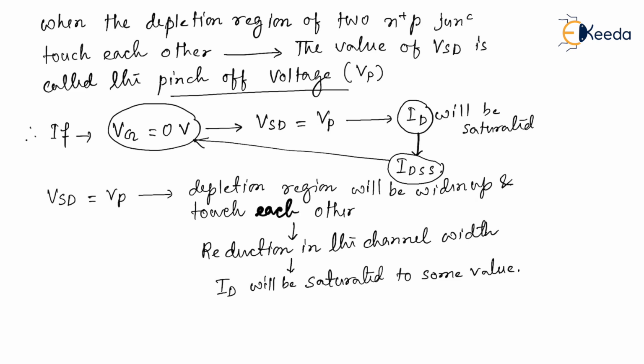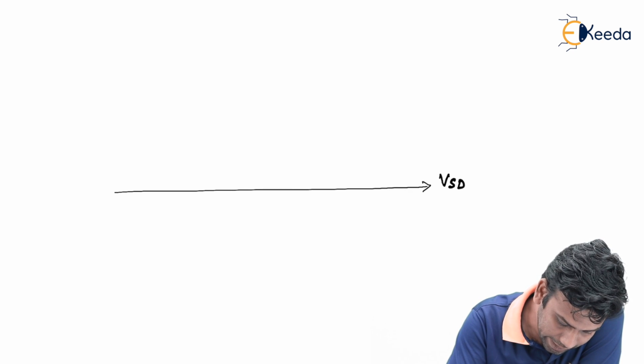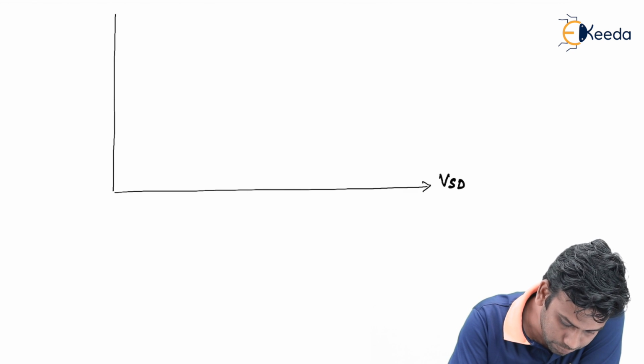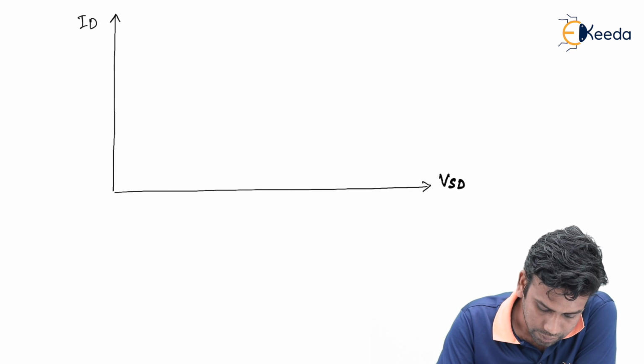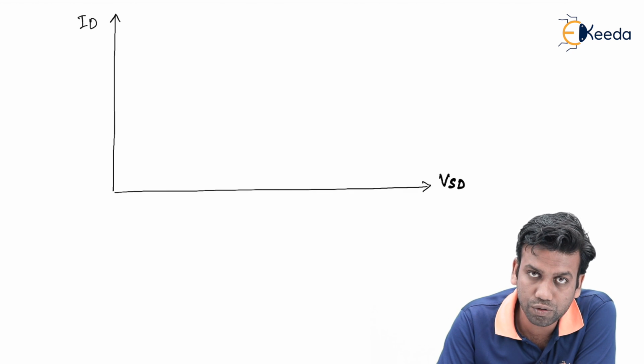Now, if we draw these characteristics of the P-channel JFET with respect to the gate voltage equals to 0, it will look like this. In these characteristics, in the x axis we will take the VSD voltage, and in the y axis we will take the ID current that is flowing through the channel. Now the first case that we have taken is gate voltage equals to 0.